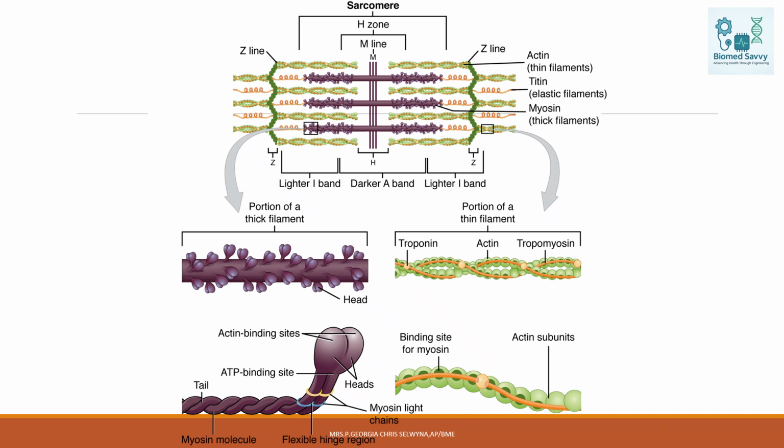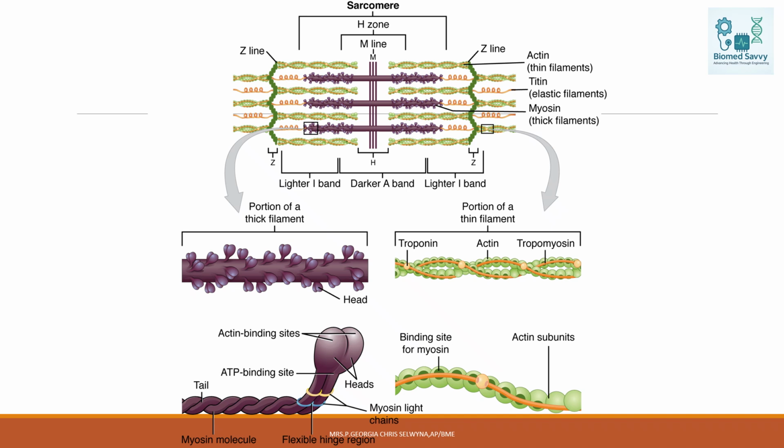Zooming in on the sarcomere, we can see the thick filament and the thin filament. A portion of a thick filament shows n number of myosin molecules. Each myosin molecule comprises a head, which has the actin binding site, followed by the ATP binding site and a flexible hinge region, which shows the myosin light chains, followed by a tail of the myosin molecule.